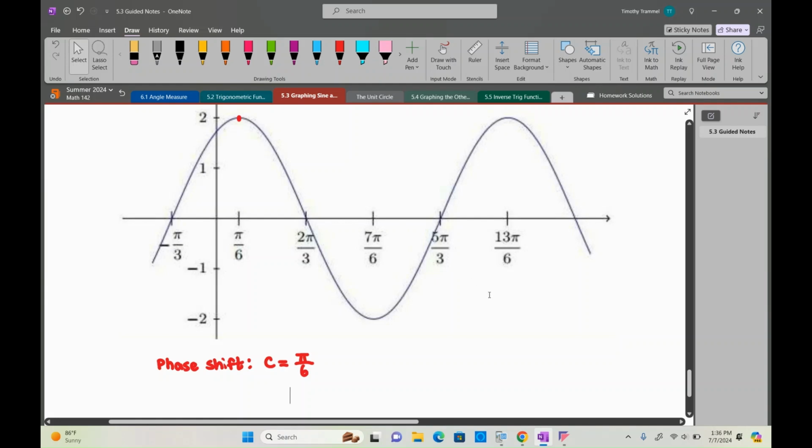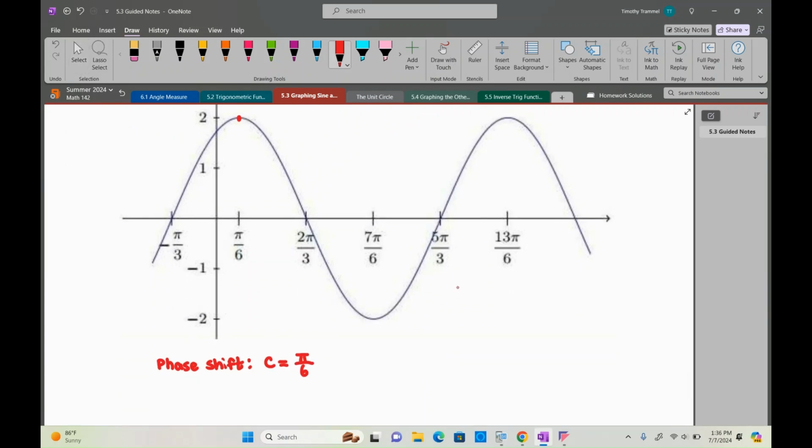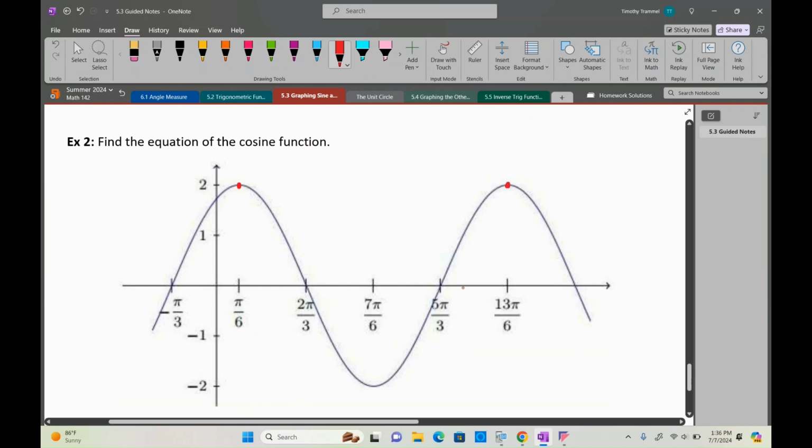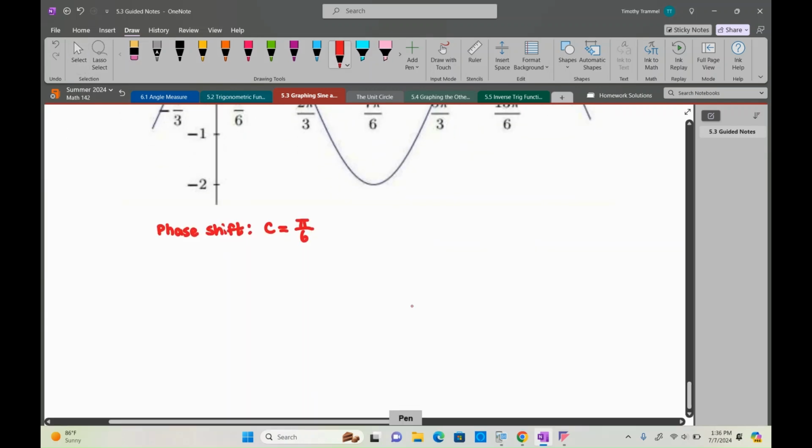Another thing we might be able to figure out here is the period. So the period can be thought about in multiple ways. But one easy way is to just go peak to peak. So my period should just be the difference of pi over 6 and 13 pi over 6. So let's go ahead and fill that one in. So the period here is just going to be equal to 13 pi over 6 minus pi over 6, which is 12 pi over 6, which is 2 pi.